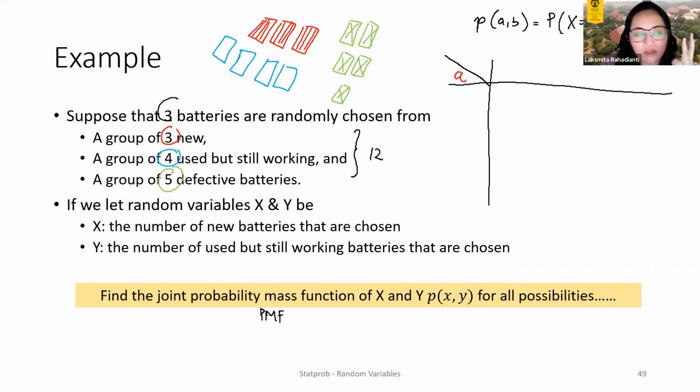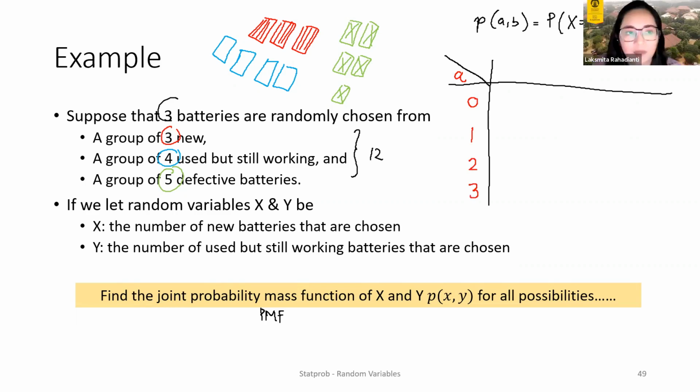So I'm choosing 3 batteries out of them all, and I have 3 possible new ones. It is possible that in my selection I don't have any at all. It is also possible that I have 1 new battery. It is also possible that I have 2, and that I have all three new batteries.